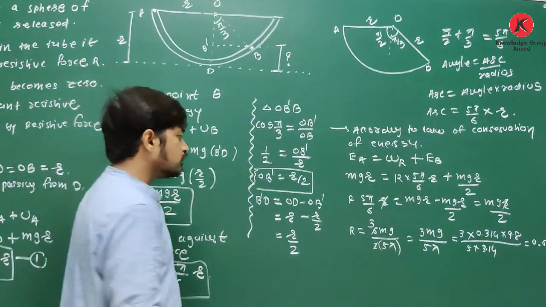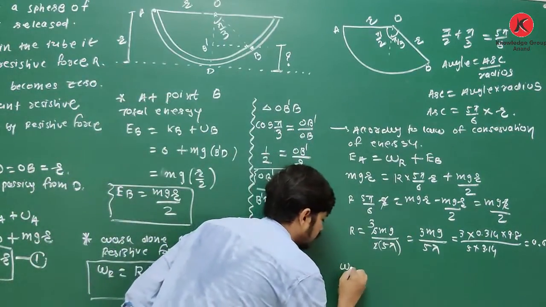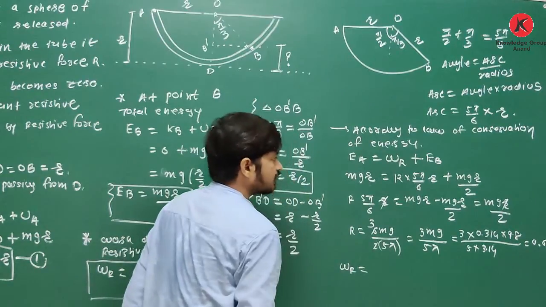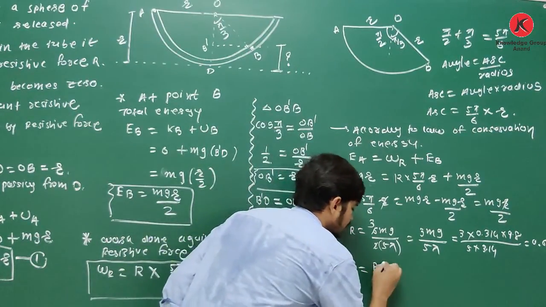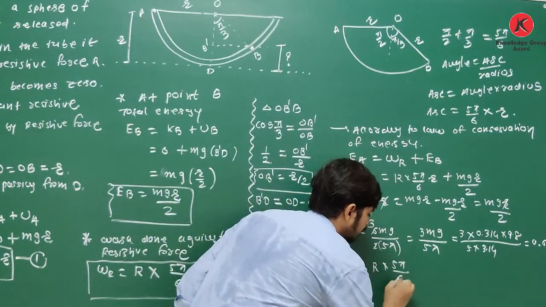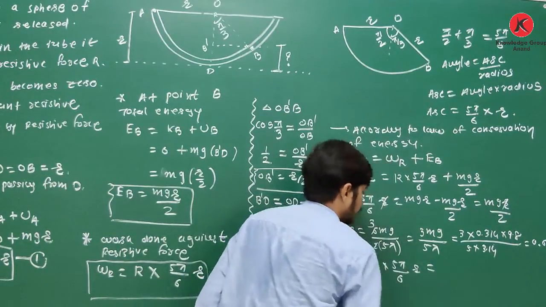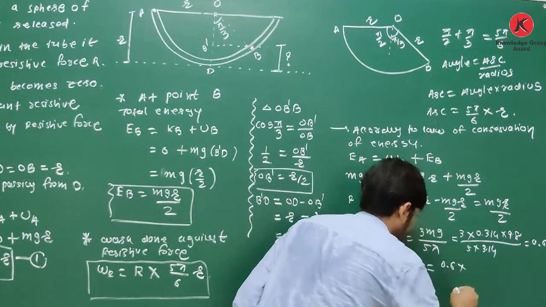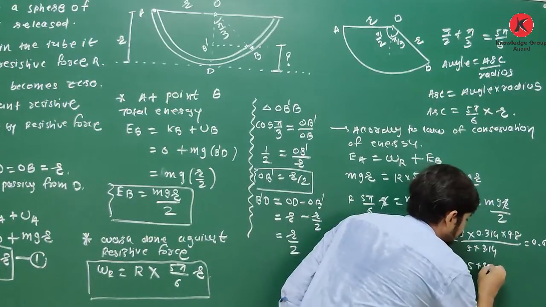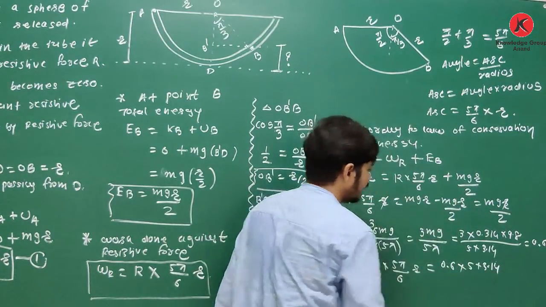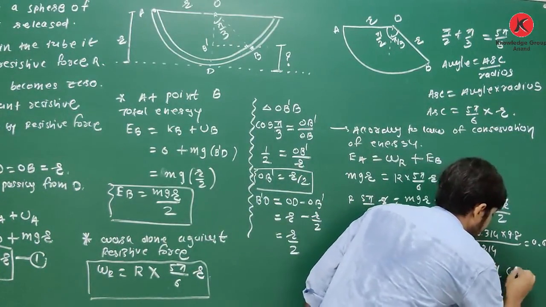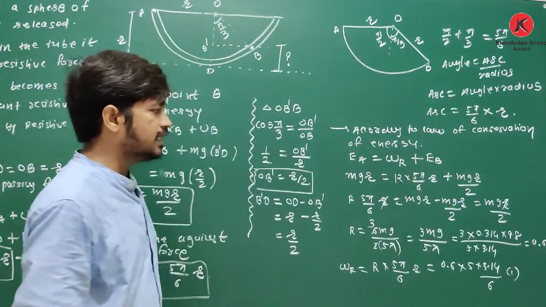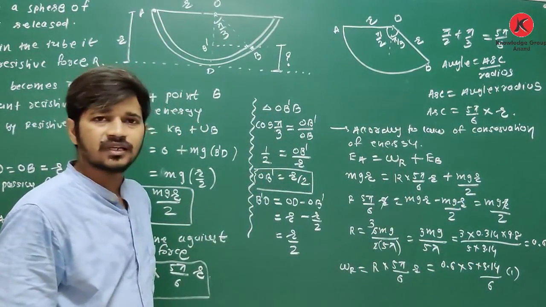Now the second question is to find the work done by the resistive force. The equation for the work done by the resistive force is R into 5 pi by 6 into r. So here it is 0.6 into 5 into 3.14 divided by 6, into 1. Clear about this?